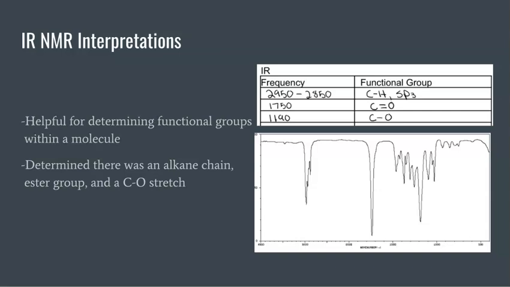The next thing I looked at was the IR spectrum. So in the spectrum, we were able to determine 3 major peaks. The first peak that I want to talk about is the one that sits between 2,950 and 2,850. This we were able to determine as the CH functional group.